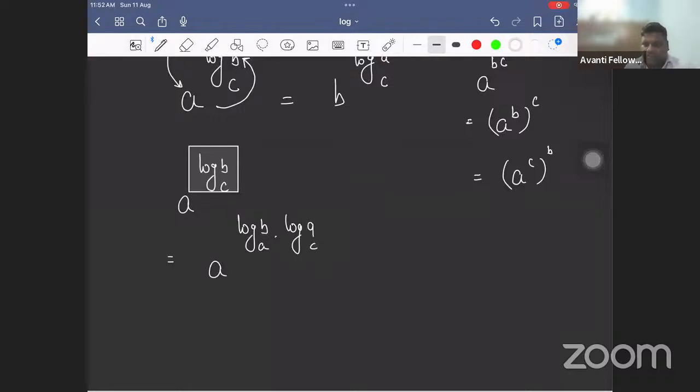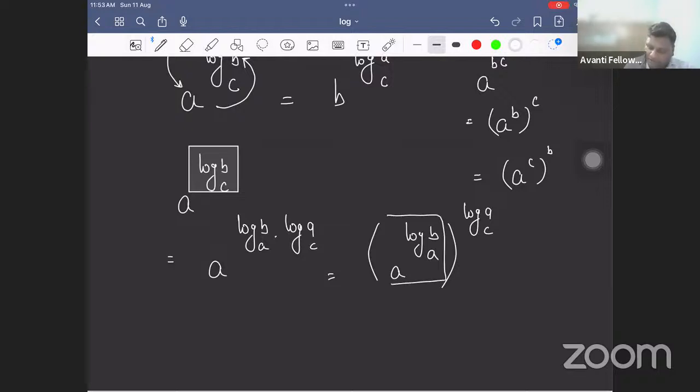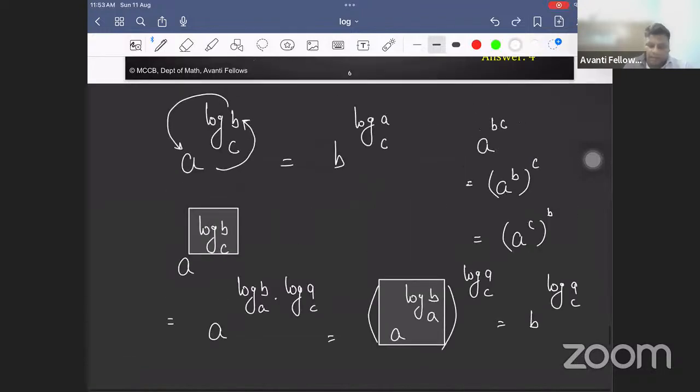If I change their base, log a will cancel, it will be log b base c. I can also write it as a to the power log b base a, whole raised to the power log a base c. And now this value, this is what? B. So it is b to the power log a base c. Got it? B to the power log a base c. And this is again very important.